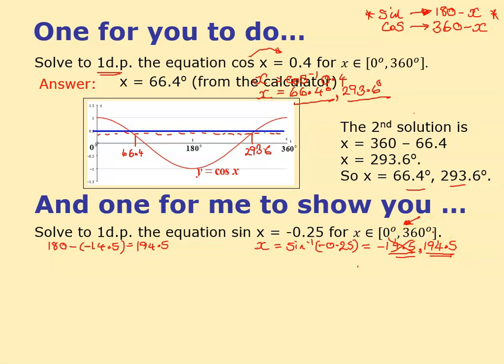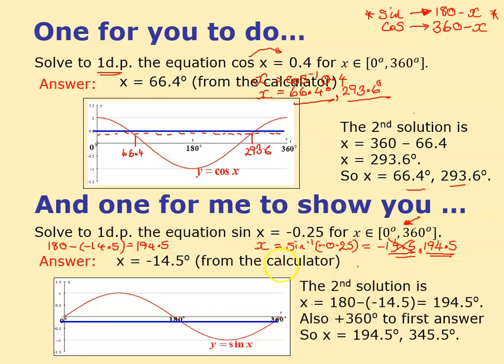So notice, I think I've got a graph here for you. Yes, minus 14.5 from the calculator. This is my graph, and you'll see the sine graph coming up, coming down, and it hits there. But my problem is, what I found was actually over here, this tiny little answer at minus 14.5.